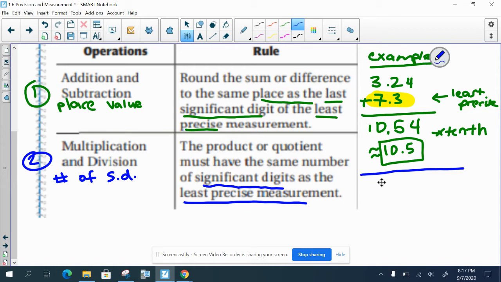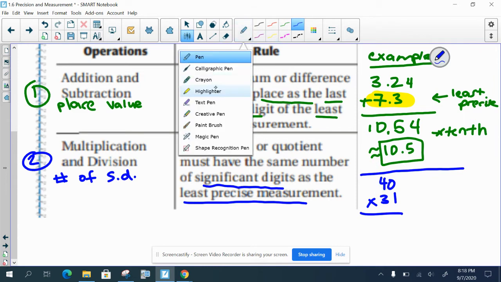So let's look at an example here. So let's say 40 times 31. So first of all, which one would be least precise? The 40 would, since it only goes to the tens place. So I'm going to highlight 40.